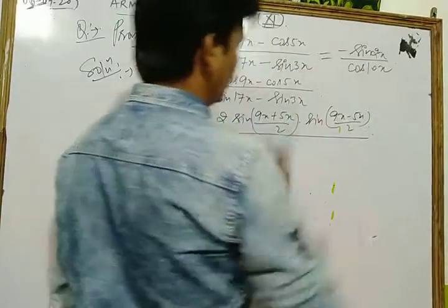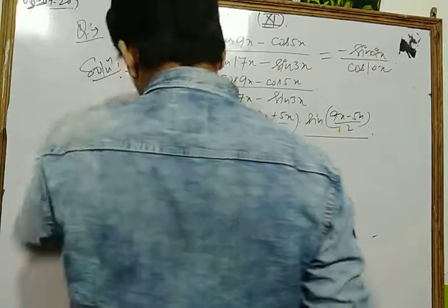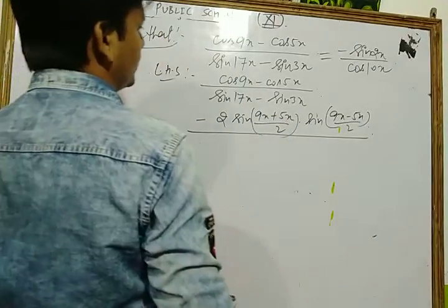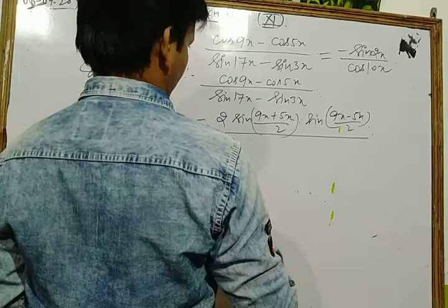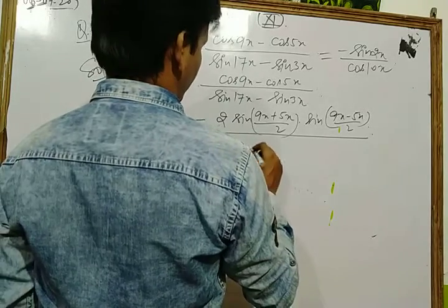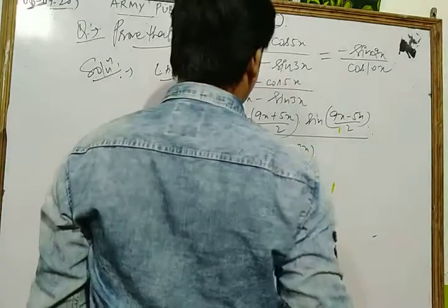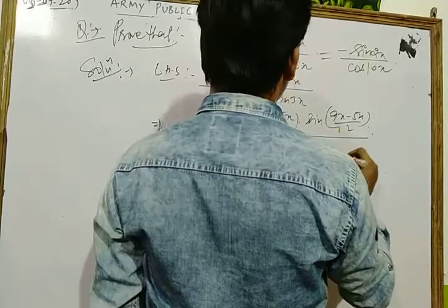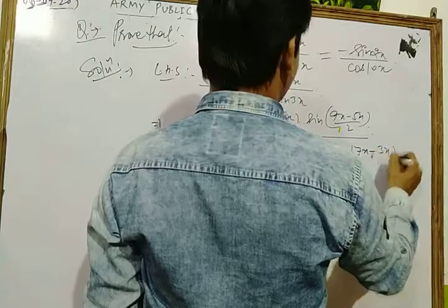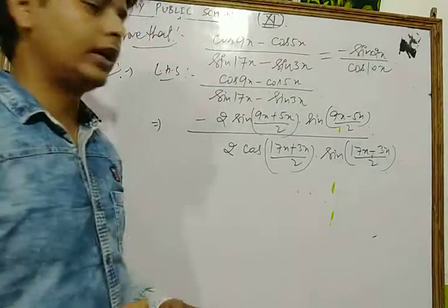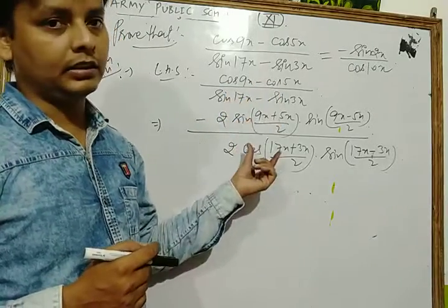Similarly, in the denominator we apply the formula sin c minus sin d, which is 2 cos of (c plus d) by 2 into sin of (c minus d) by 2, that is 17x minus 3x by 2. We apply the formula of cos c minus cos d and sin c minus sin d. Okay, now let's see.